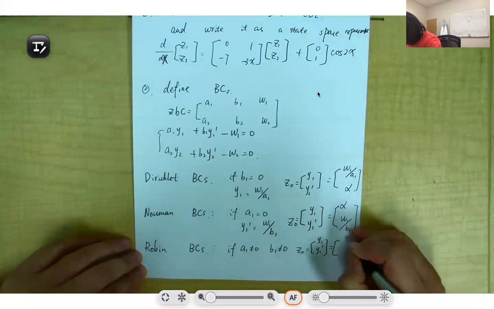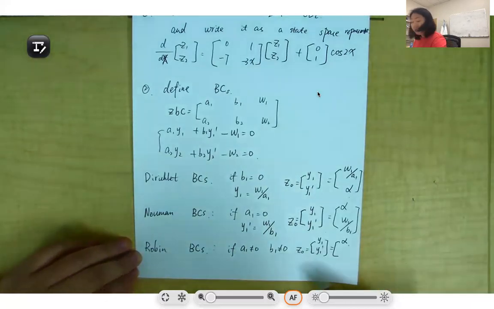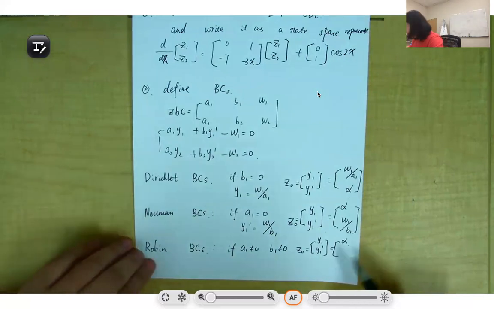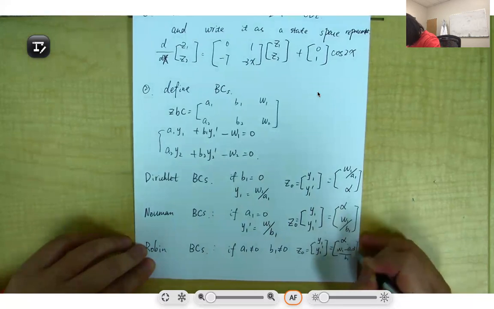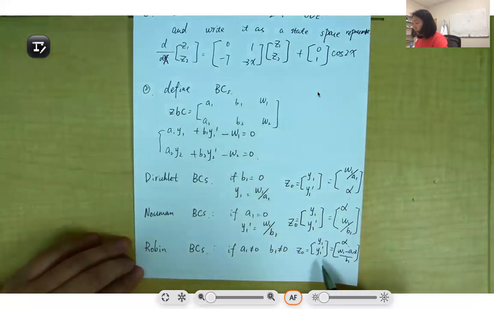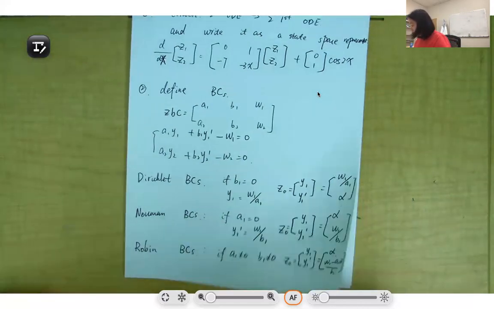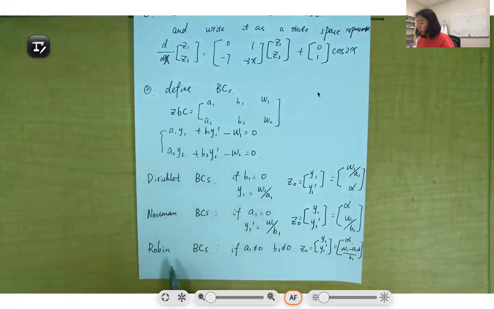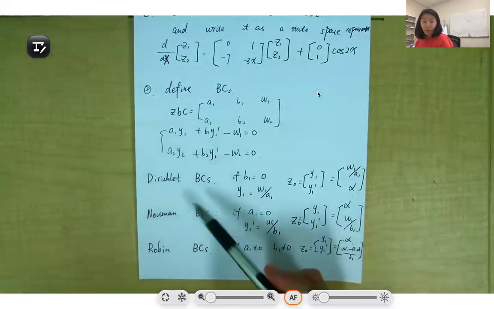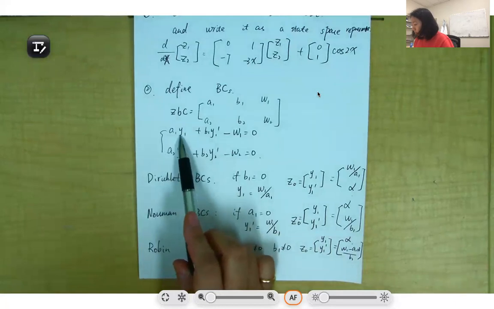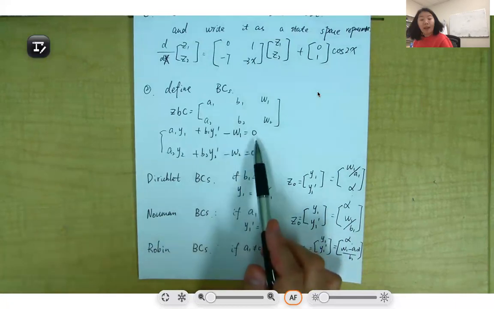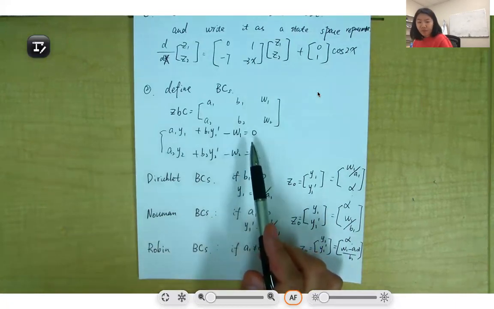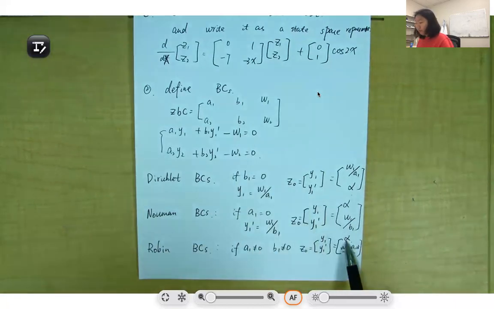You guess alpha for y1, and y1 prime is W1 minus A1 alpha over B1. That is basically your initial guess for the Robin boundary conditions. A Robin boundary condition can be, for example, 0.2 y1 plus 0.8 y1 prime minus some value equals 0. Then you guess y1, and you will correspondingly get y1 prime.